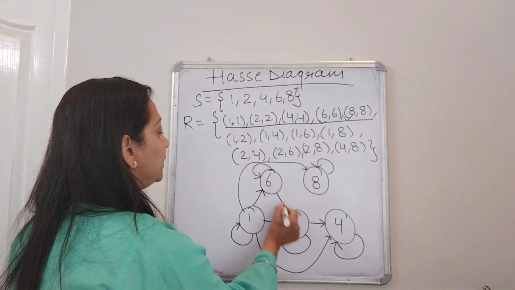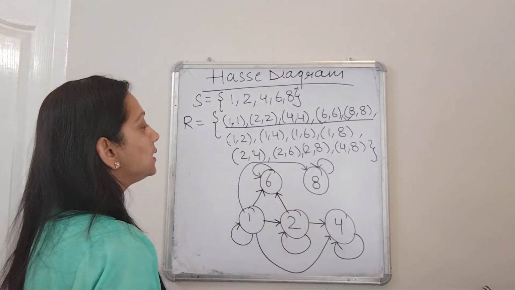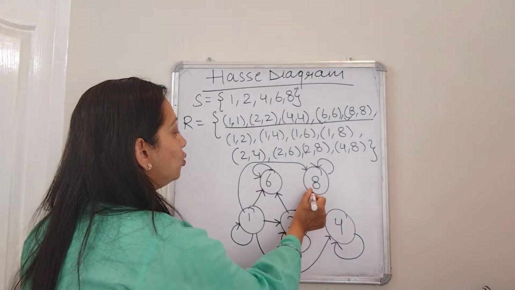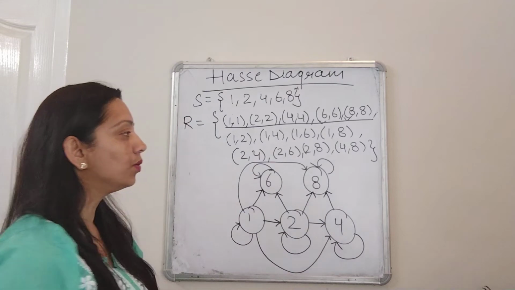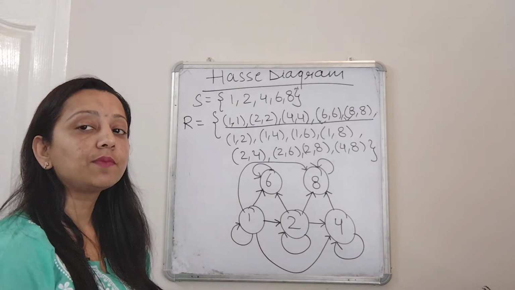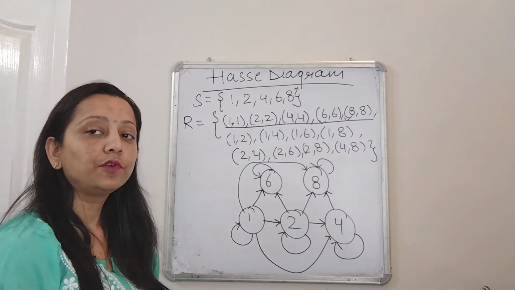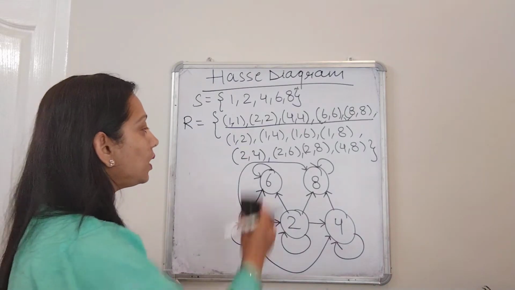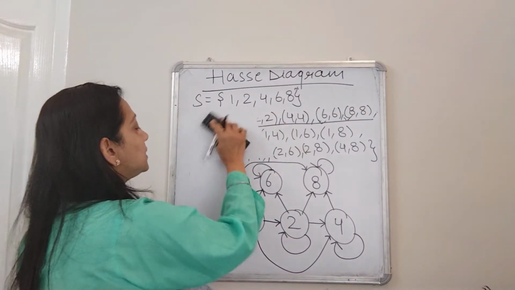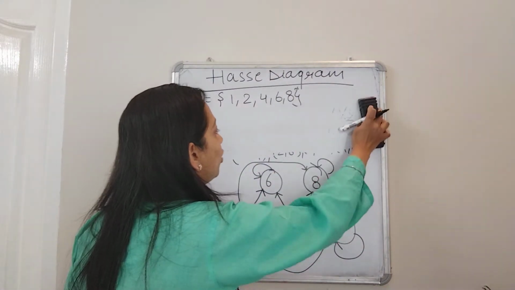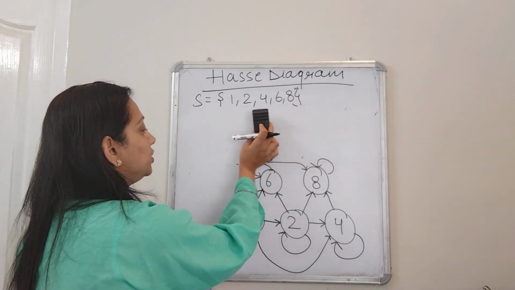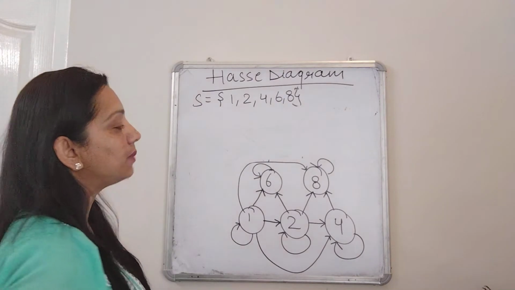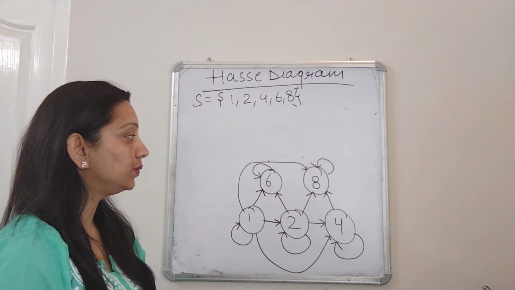Then 2 is related to 6. Then 2 is related to 8. And 4 is related to 8. So this is my directed graph for this relation. Now I will erase this, since I hope that you must have copied the elements or the ordered pairs of the relation. So this is my graph for this relation.